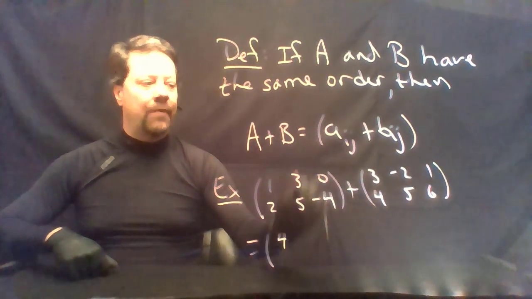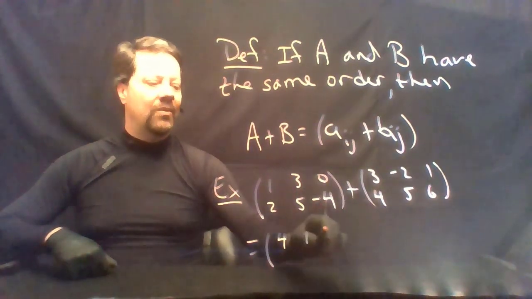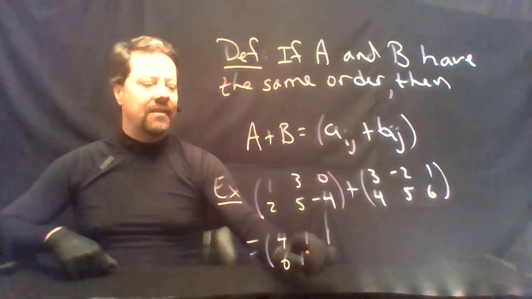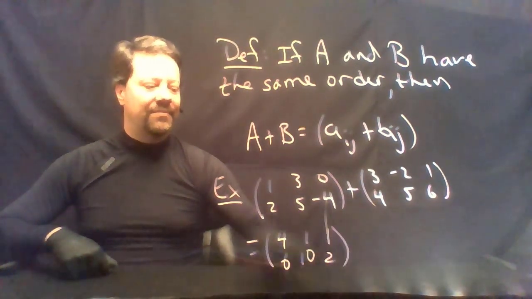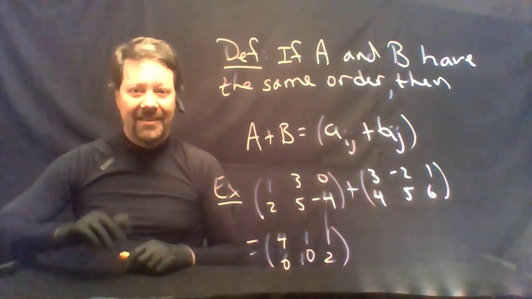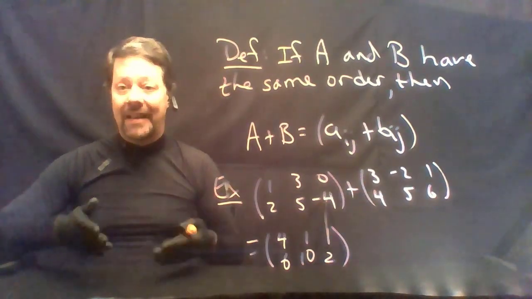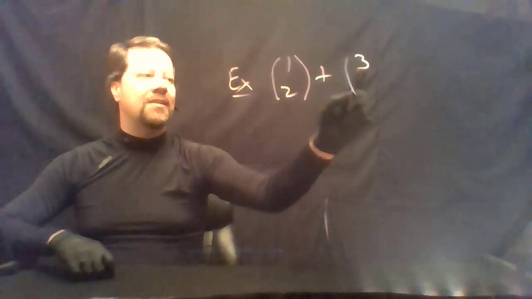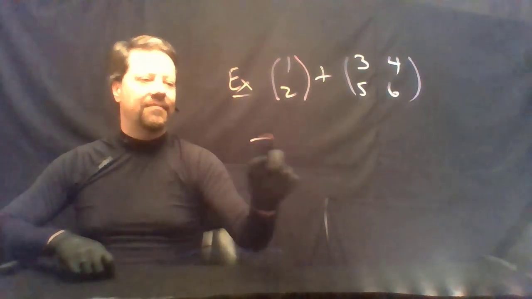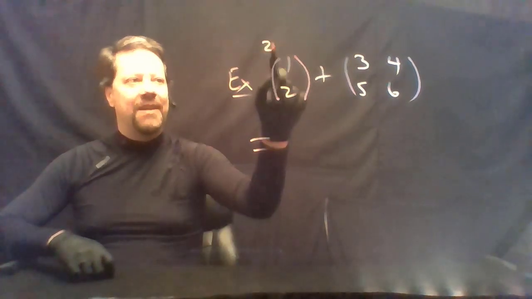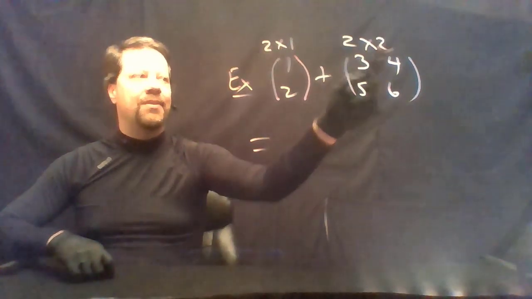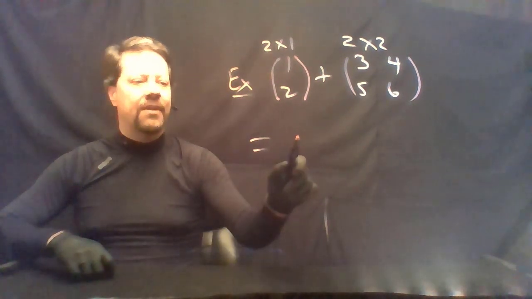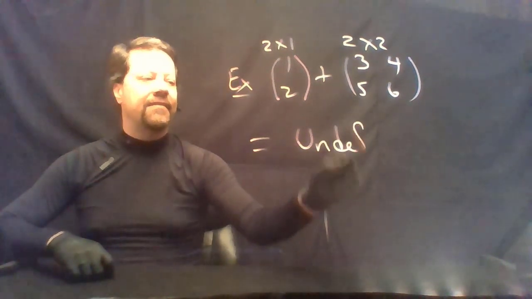That gives me 4, 1, 1, 6, 10, and then 2. You can also add using your calculator, but on something like this, what's the point? What do I get if I try to add 1, 2, plus 3, 4, 5, 6? Well, this matrix is 2 by 1, and this one is 2 by 2. They are not of the same order, so the answer is undefined.